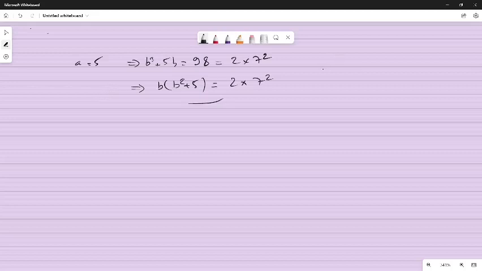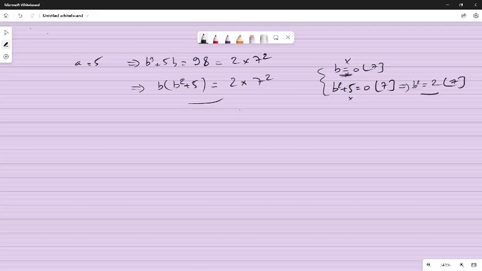We see that if b equals 0 mod 7 and b squared plus 5 equals 0 mod 7, this is impossible, because the second equation gives b squared equals 2 mod 7. And this contradicts this one.